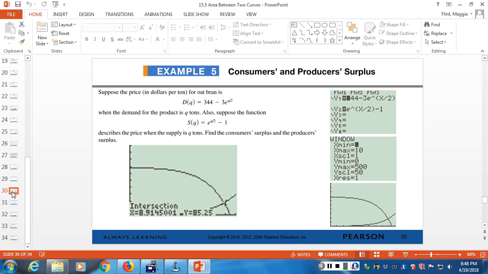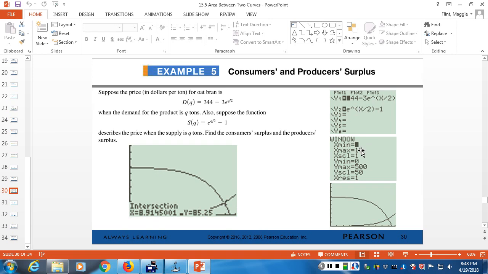Here's how you do that. You graph both of those functions together, and you find out where they intersect. That's your first step. So I've entered the demand in Y1, the supply in Y2.